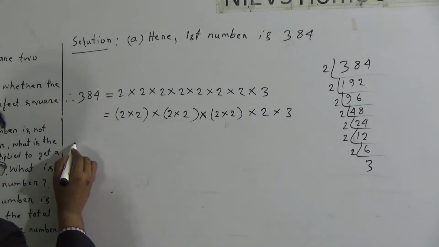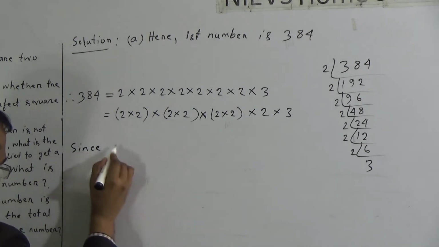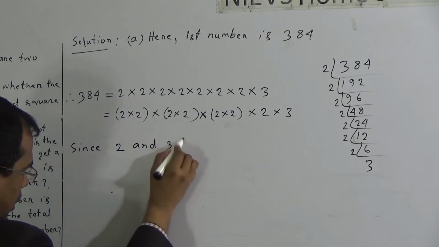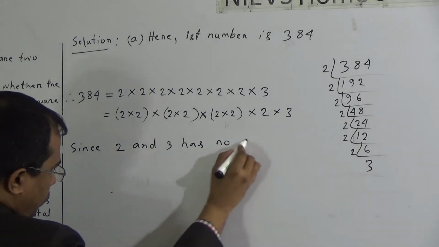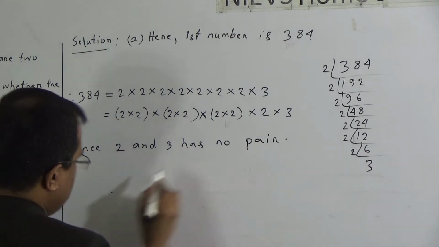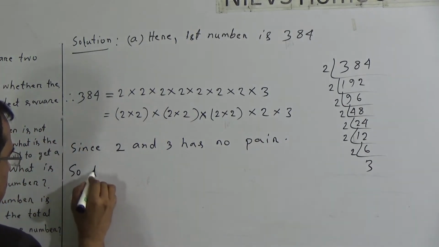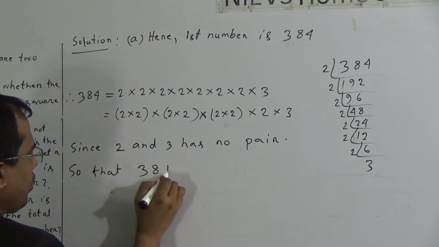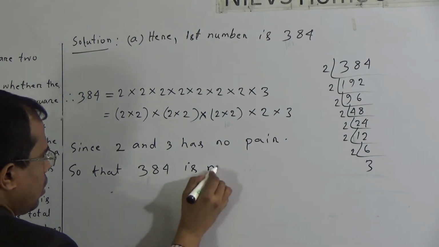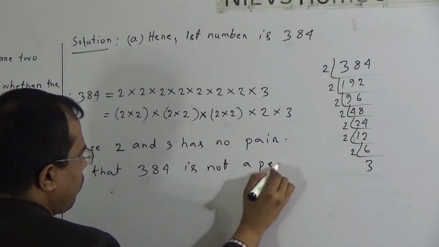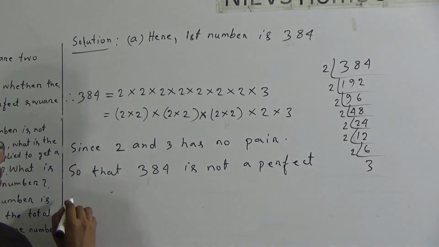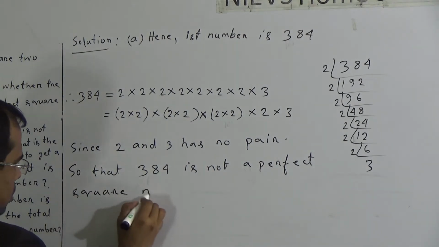Since 2 and 3 have no pair, so 384 is not a perfect square number.